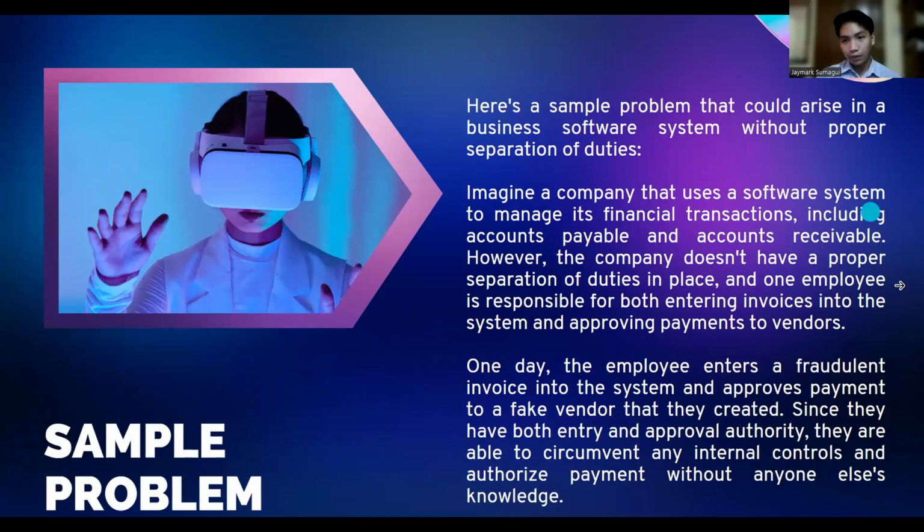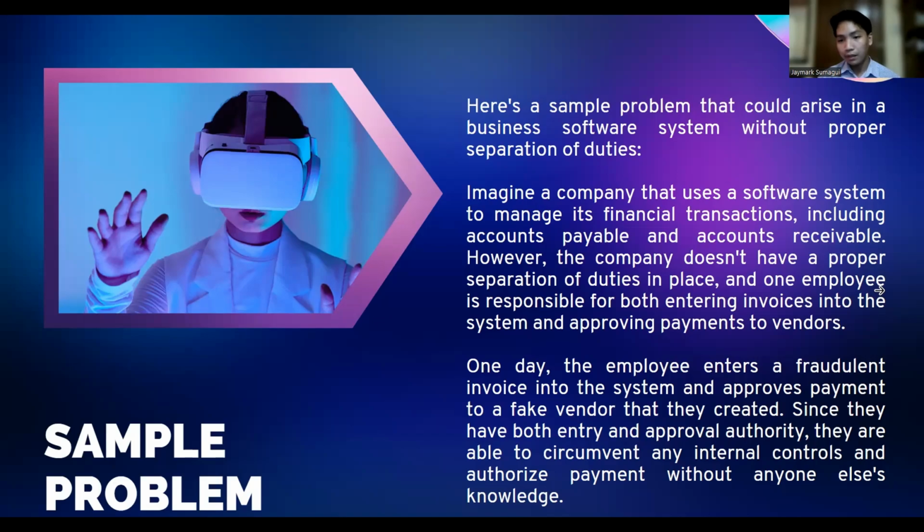So next, we have here the sample problem. Here is a sample problem that could arise in a business software system without proper separation of duties. Imagine a company that uses a software system to manage its financial transactions, including accounts payable and accounts receivable.